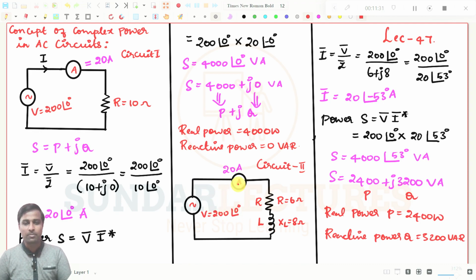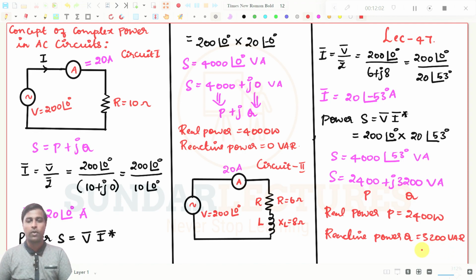This consumer utilizes 2400 watts, but the 3200 VAR is sent back to the supplier, and this power is actually waste power, or not a waste power. Maybe there are many applications of reactive power, but at this point we will consider this as a waste of power.